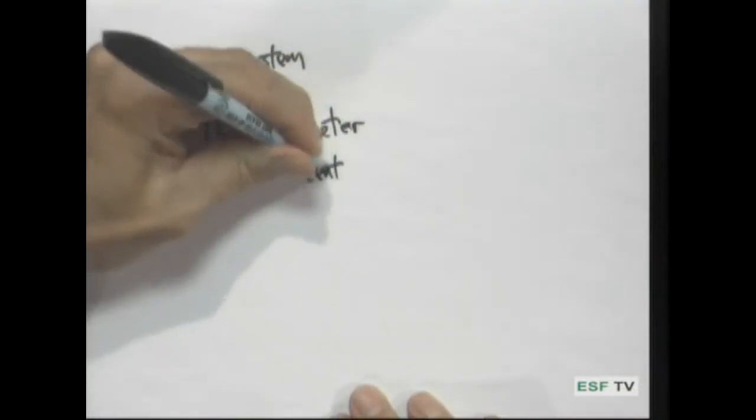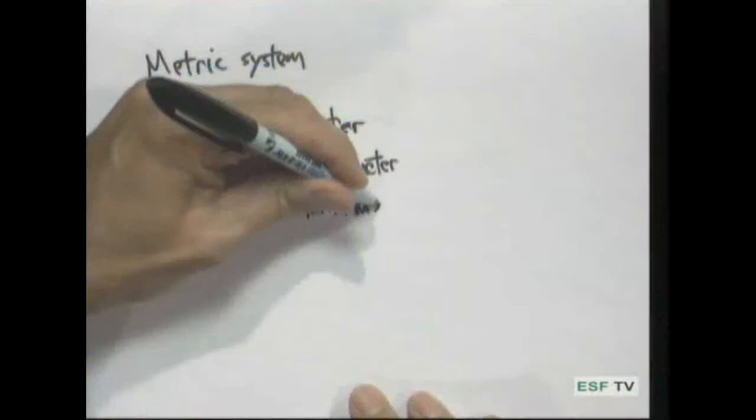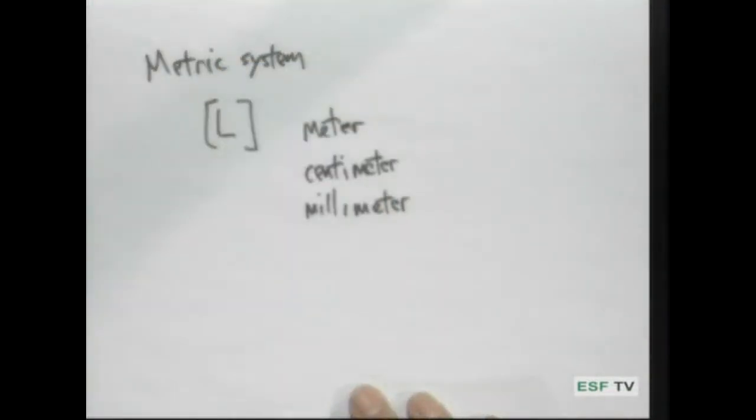You can describe different subdivisions or different multiples of the unit of meter. So, for example, we can refer to a shorter length as a centimeter. This is simply 1/100th of a meter. Again, that's divisible by a power of 10. You can refer to an even shorter length as a millimeter.